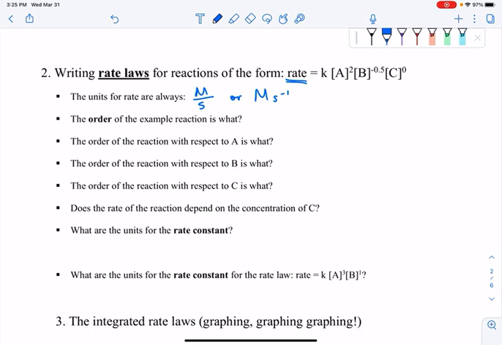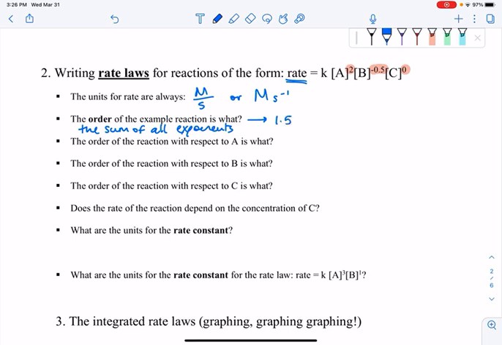Okay? You can define the order of the example reaction as the sum of all exponents. What are our exponents? 2, negative 0.5, and 0. So this would be 1.5.